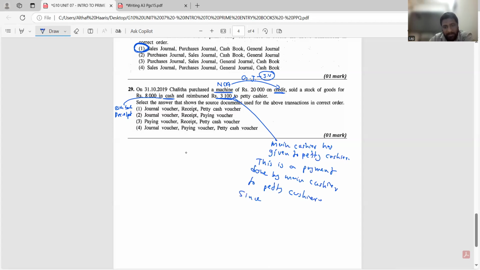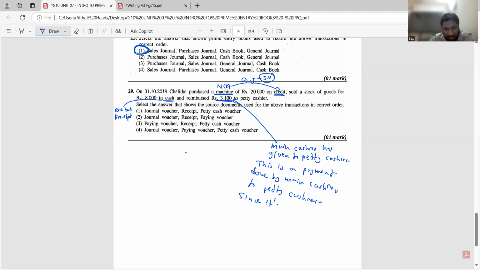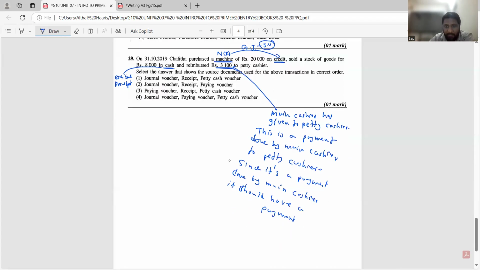Since it's a payment done by the main cashier, it should have a payment voucher connected to the cash.